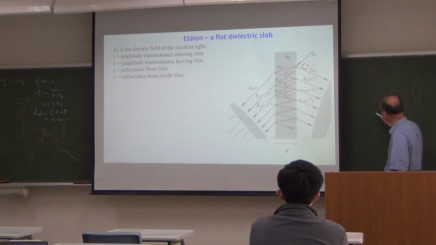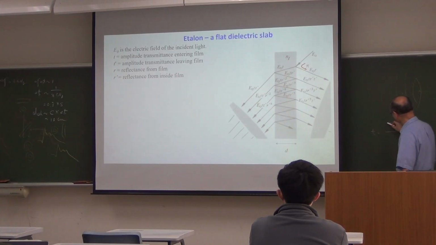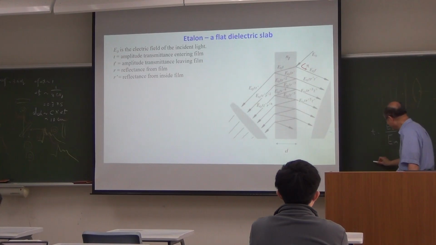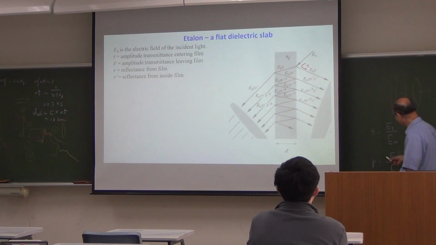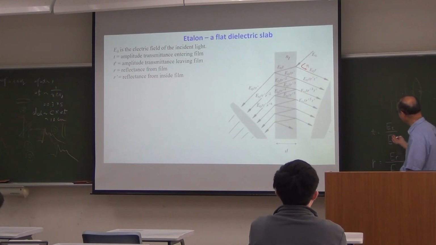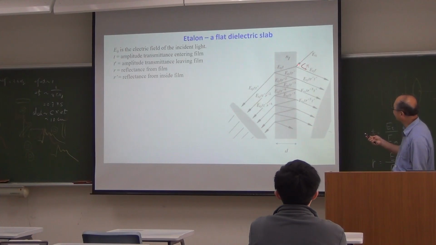So we have t, equal to the transmitted electric field over the incident electric field, and r, equal to the reflected electric field over the incident electric field. But when you have different surfaces, for example from air to this material, we label it as t.